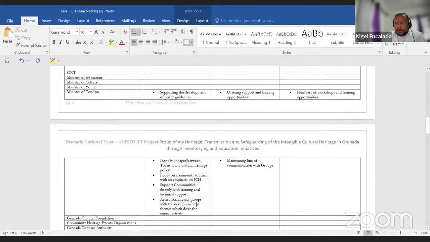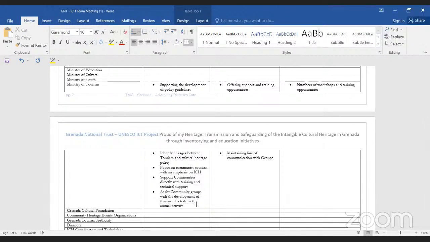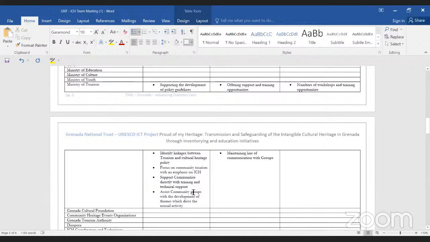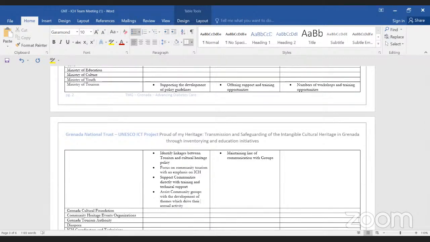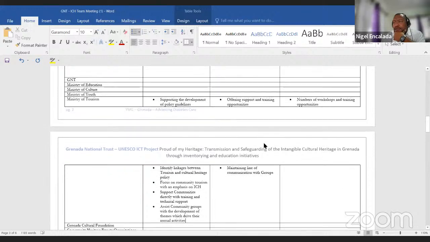Is that correct too? Focus on community, yes, that's correct. Support communities directly with training and technical support. Correct again. Assist community groups with the development of themes which drive their annual activities. Yes, correct. And then in all of that, the process will be through offering support and training opportunities.